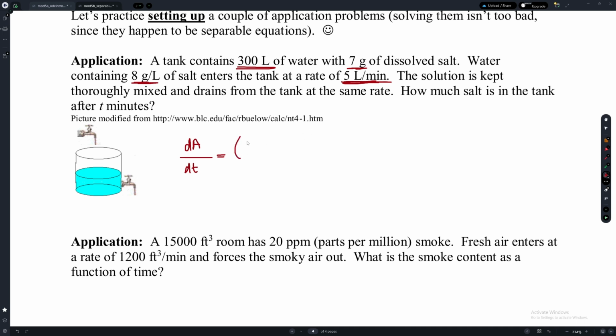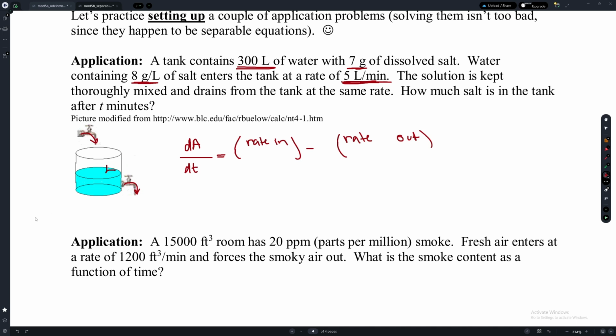And so what we can do is rate in minus rate out, right? So we have rate in minus rate out. When that happens, how much do we have? What's the difference? That's why we're subtracting the rate out from the rate in, and that leaves you what's in the middle.